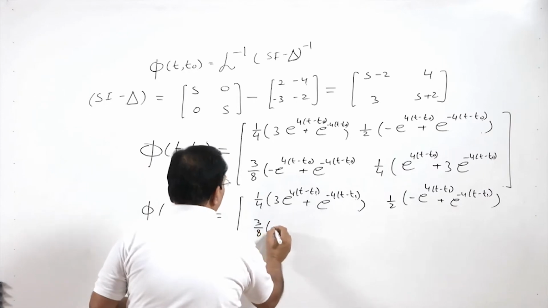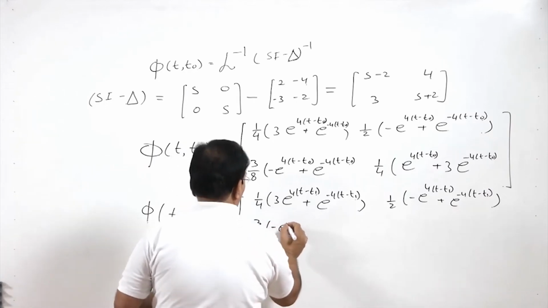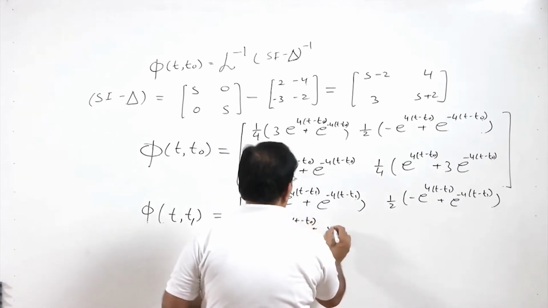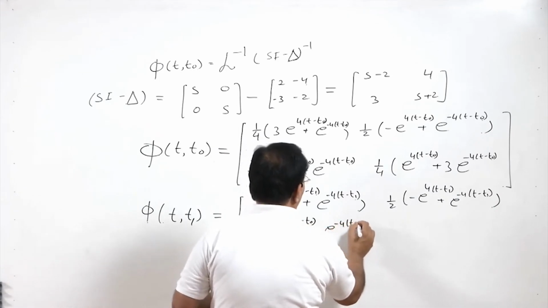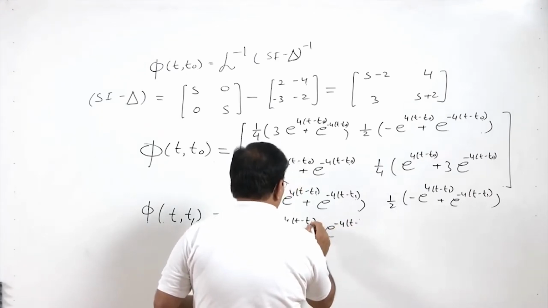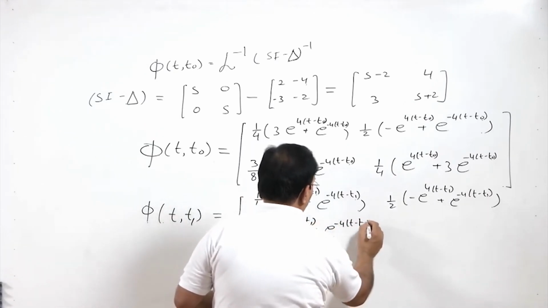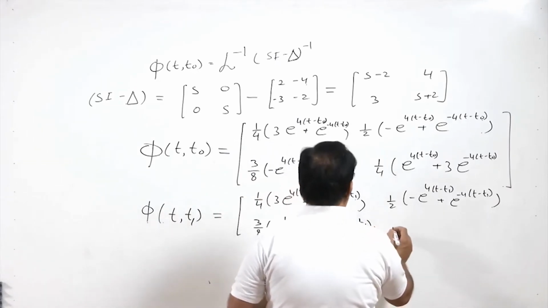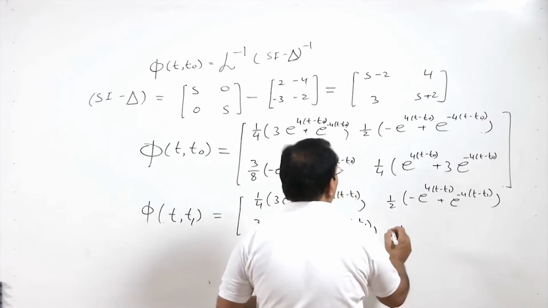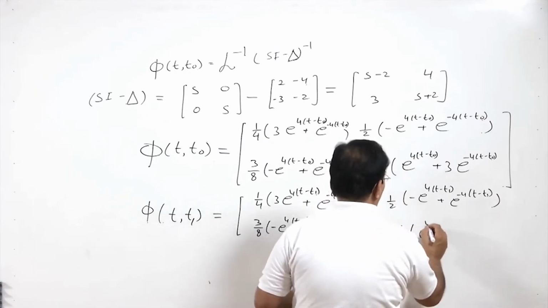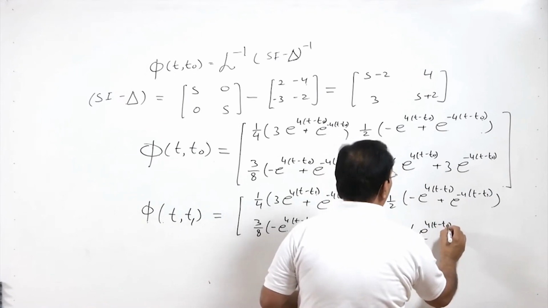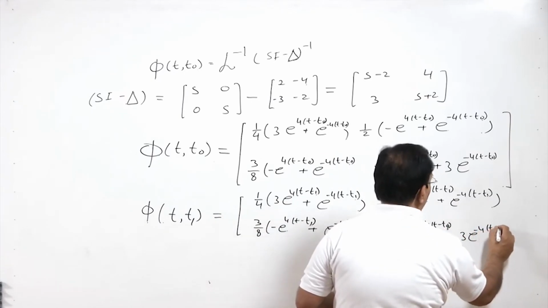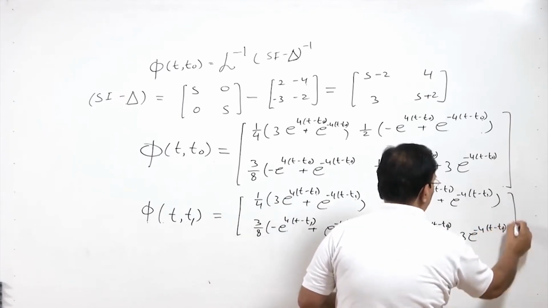3 by 8, minus e to the power 4 t minus T1 plus e to the power minus 4 t minus T1, we are doing t minus T1, and 1 by 4, e to the power 4 t minus T1 plus 3 e to the power minus 4 t minus T1.